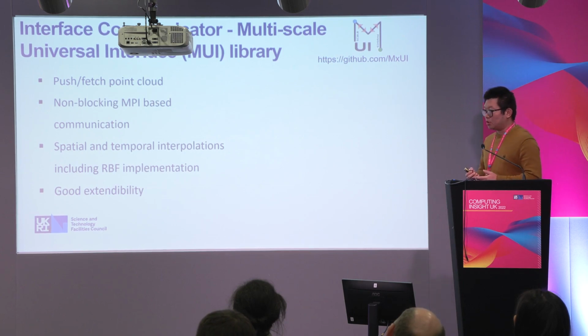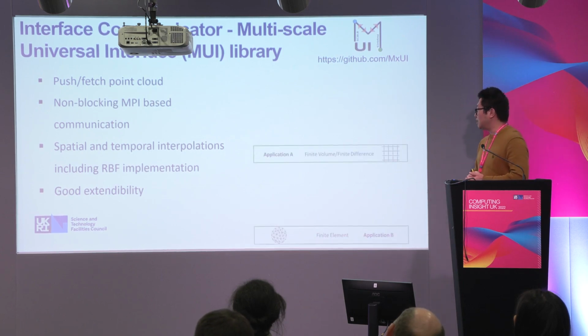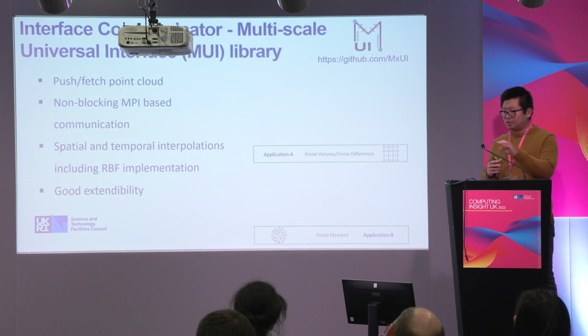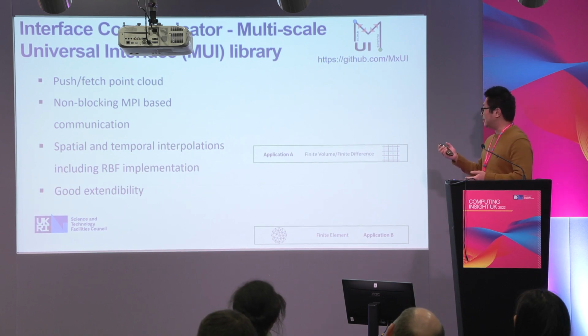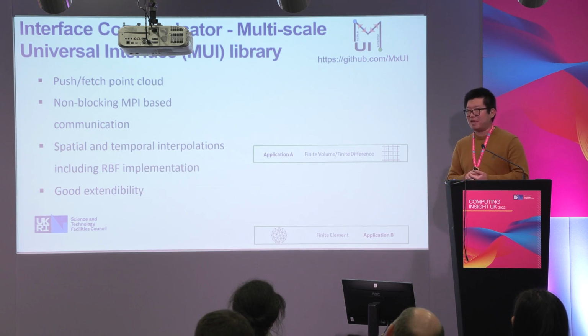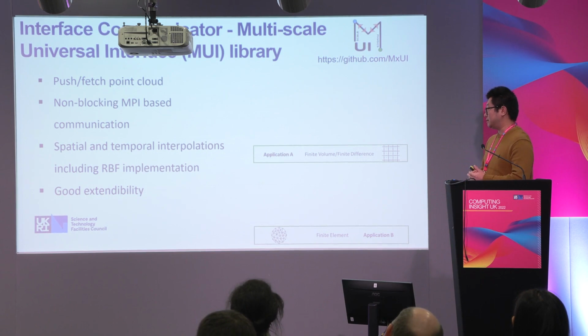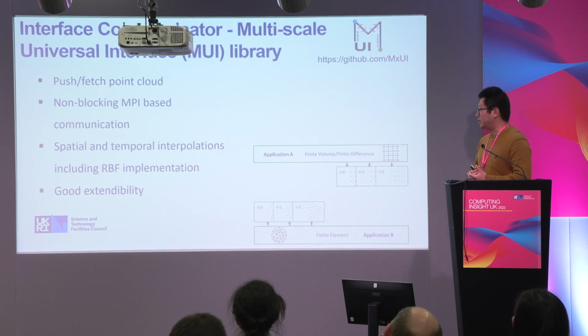Let's take a highly abstract example. Suppose we have two different applications, application A and B. They have different discretization methods. By using MUI, the first step is MUI will interpret this information and generate the point clouds.